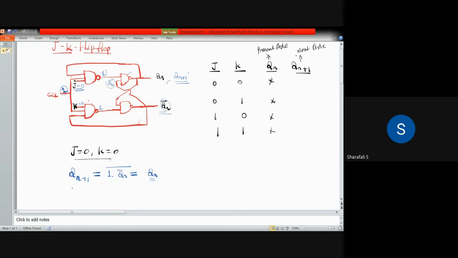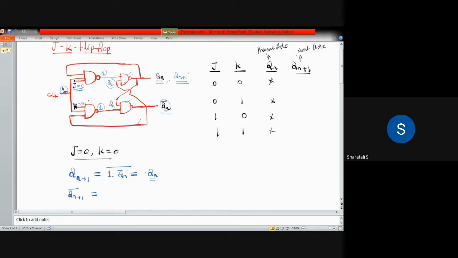So we have to consider the next case also. We have to calculate what is Qn plus 1 bar. So this will be equal to, as you can see, this is 1, and here we have this output Qn, that is the present state, that will be given as an input to the next NAND gate.